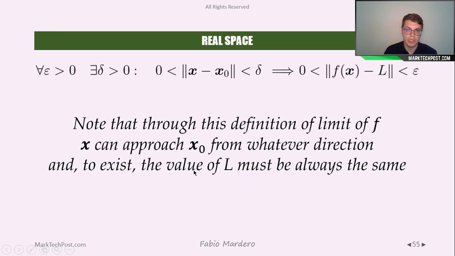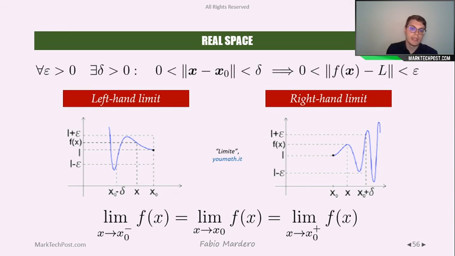That's what we are expressing here, and that's why we can decompose the limit into its left-hand limit and right-hand limit. In the left-hand limit, we consider only the left part of the 1D open ball. So we say that the function has an existing limit at that point if the left-hand limit is equal to the right-hand limit. But this is not always true.